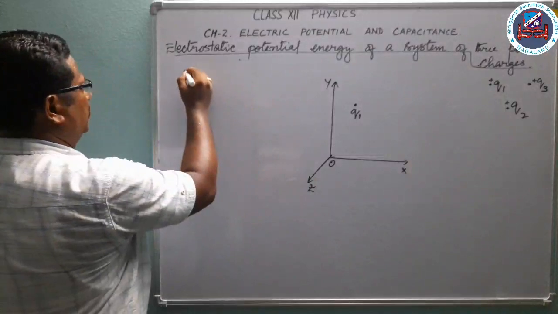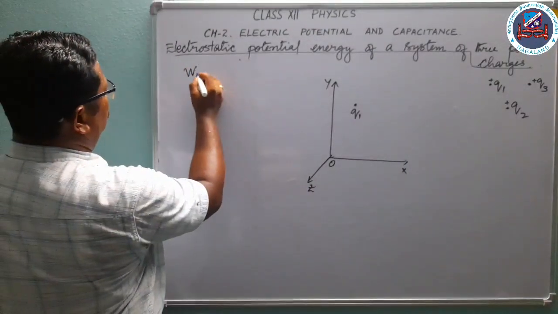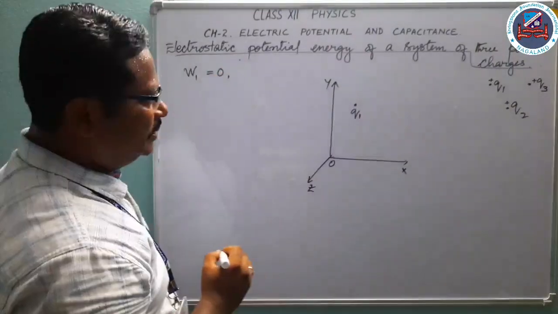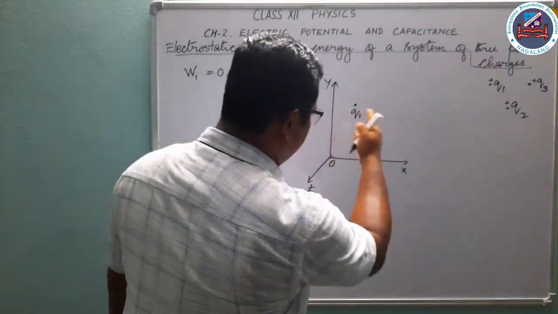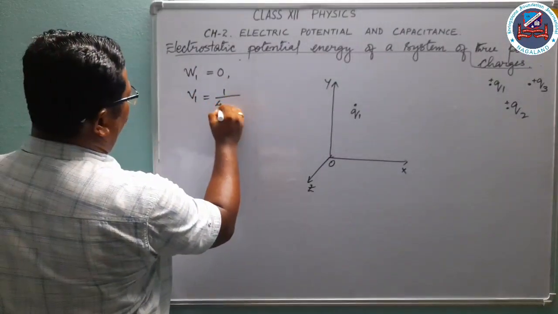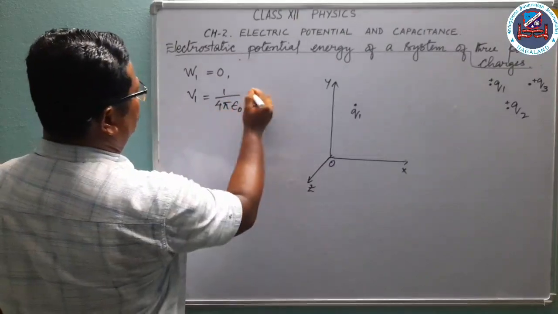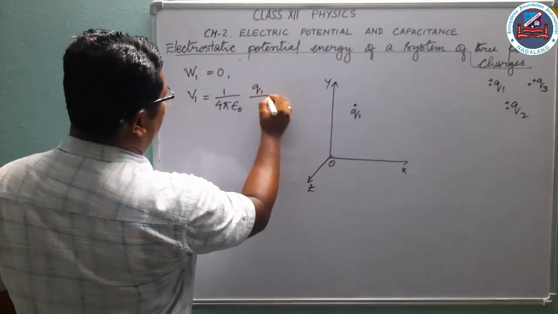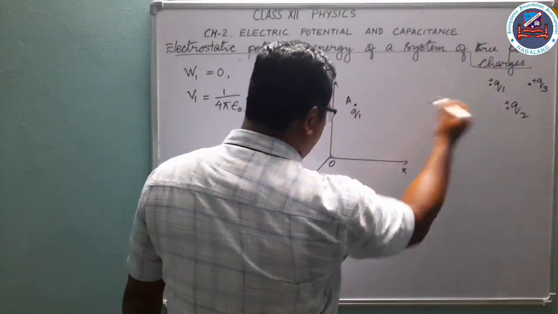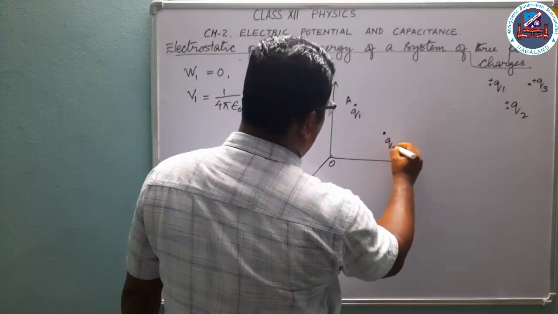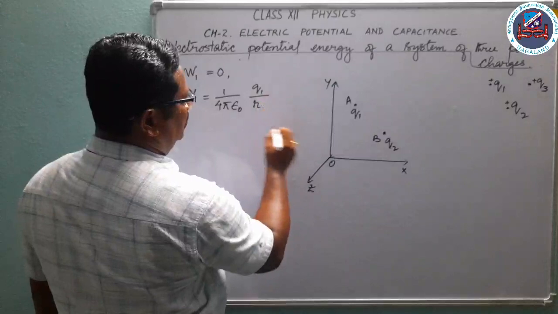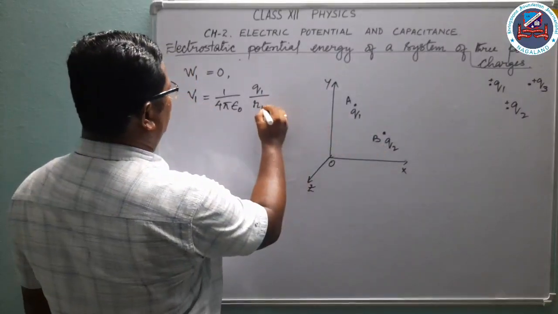Then what is the work done? Then the work done W1 we will write equal to 0. So no work is done. But potential is set up by the charge Q1. So V1 will be how much? Then we'll write 1 by 4 pi epsilon naught Q1 divided by distance. Now whose distance? Suppose this is A. Now Q2 I am going to bring. Suppose this is Q2. This point is B. Then I will write RAB, or I can write R1,2.